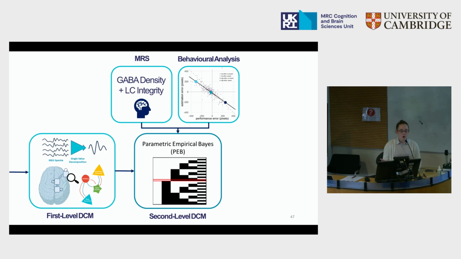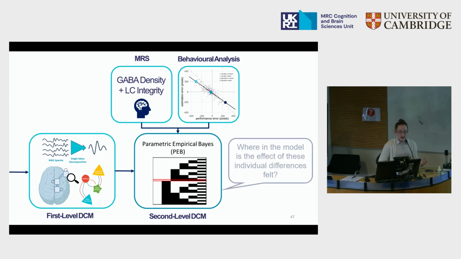And we can then incorporate additional information from spectroscopy, such as GABA density and locus ceruleus integrity, to improve our models and ask where these individual differences are felt. And we also incorporate behavioral analyses to investigate whether the mechanisms that we've identified might also be the same way that the brain solves the problem, with the expectation that if we've hit on something, including this behavioral level analysis will further improve the quality of our model.